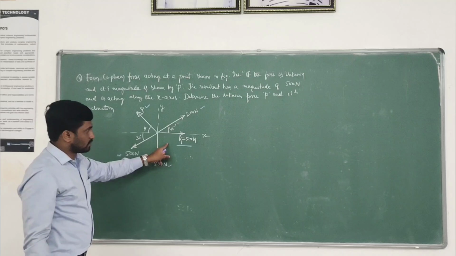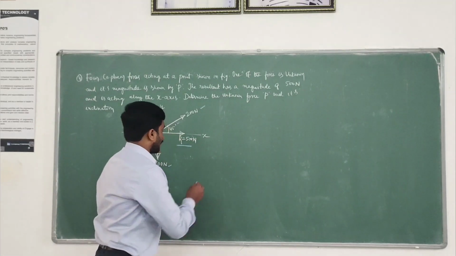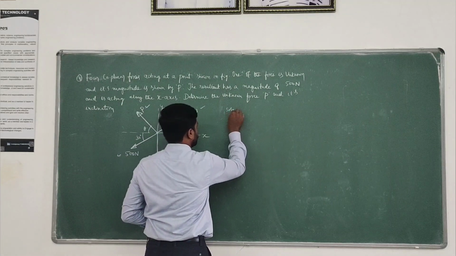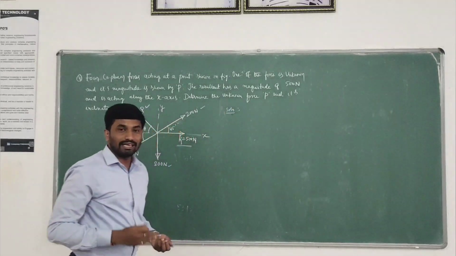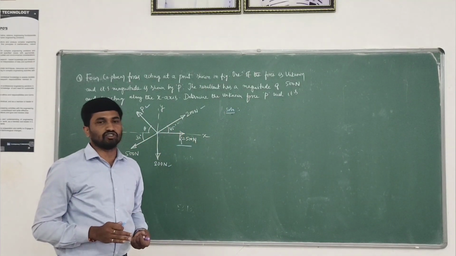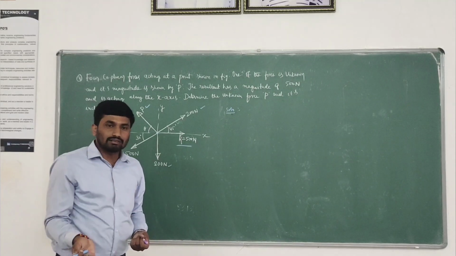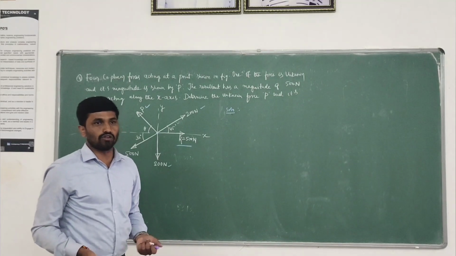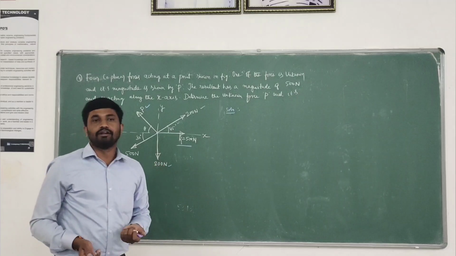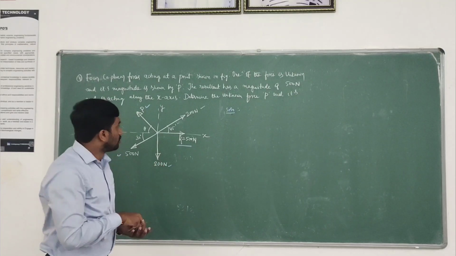So the thing is, the resultant acting in purely x direction, which means sigma Fx equals R. Then the remaining thing is sigma Fy is 0. That is the condition we have to apply to solve this problem.